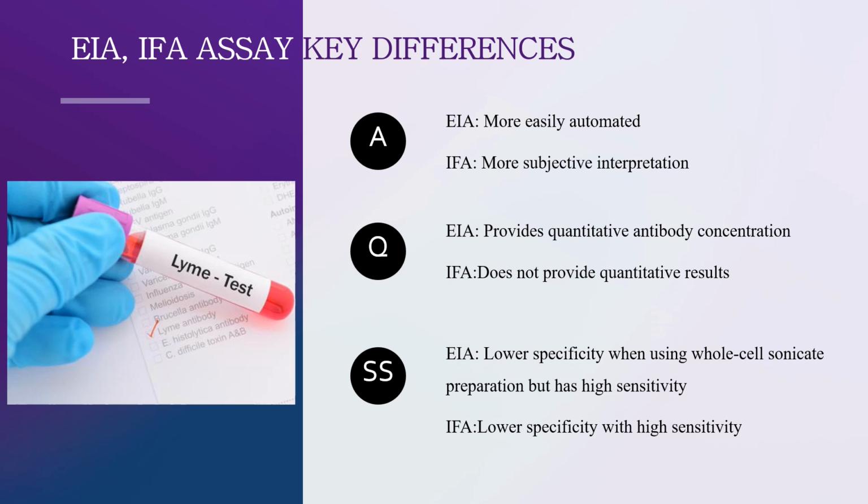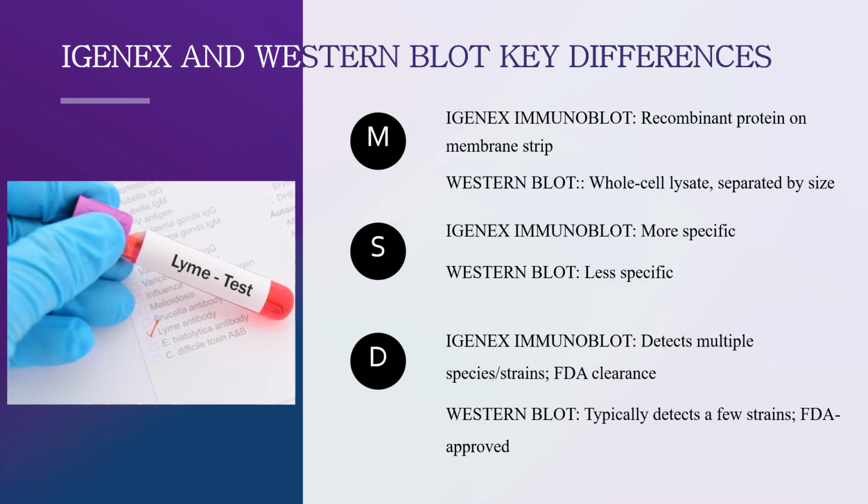So the ELISA, like I had mentioned, is the first-tier, well-known diagnostic test for Lyme, and it also detects the IgM and IgG antibodies against Lyme bacteria. At the same time, if we go to the next slide, we'll see the differences between the IGeneX and the Western blot, which are both immunoassays.